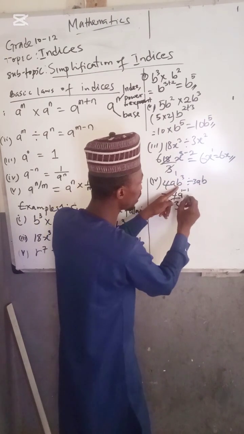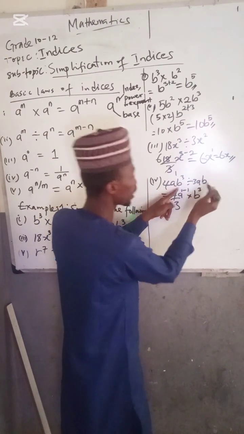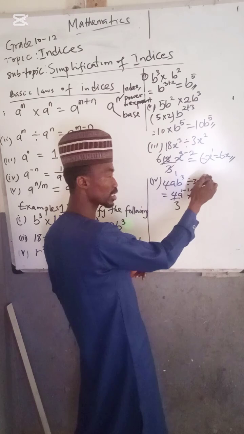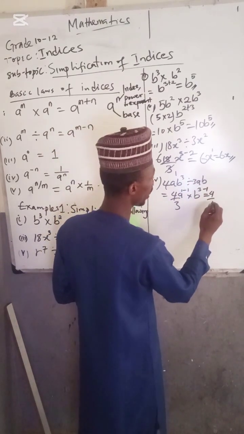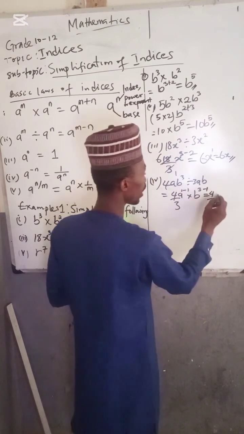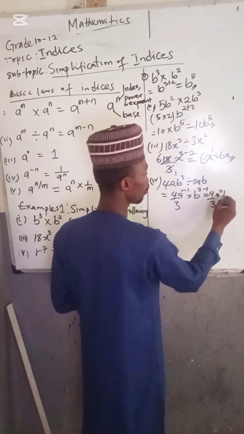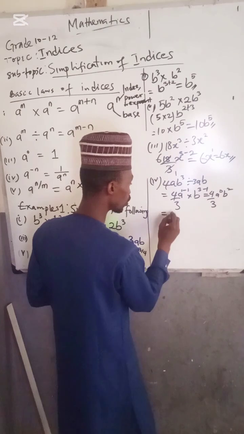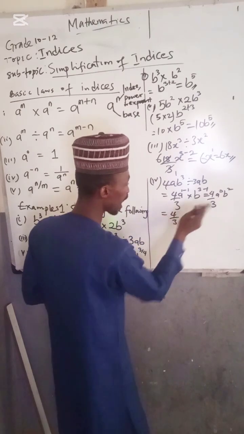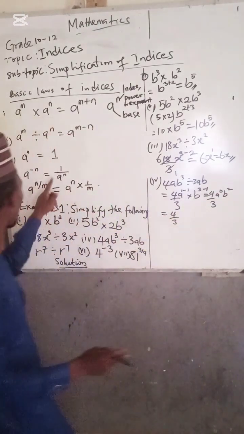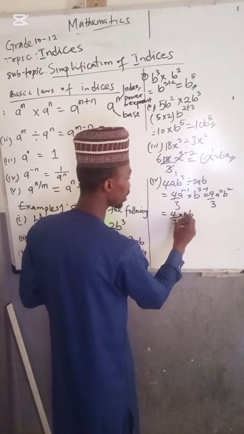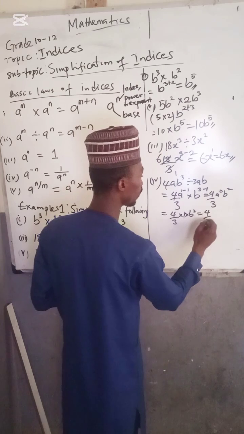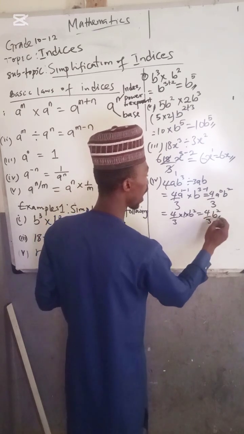Then we move to letter b, b raised to power 3. What is the power of b here? It's only 1, it means 1. So you are having 4 over 3, a raised to power 1 minus 1 is 0, b raised to power 2. Any number raised to power 0 we said is 1. So we have 4 over 3 times 1 times b raised to power 2. That is 4 over 3 b raised to power 2.